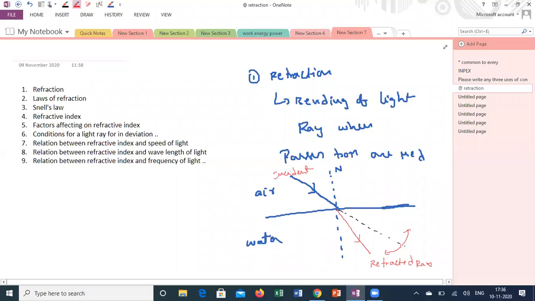Why does the refracted ray bend towards the normal when it passes from a rarer medium? Due to the change of speed of light. This is the angle of incidence and this is the angle of refraction.